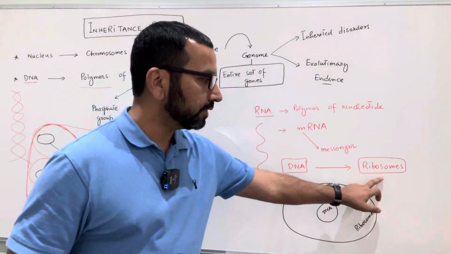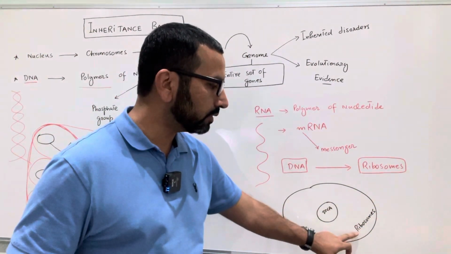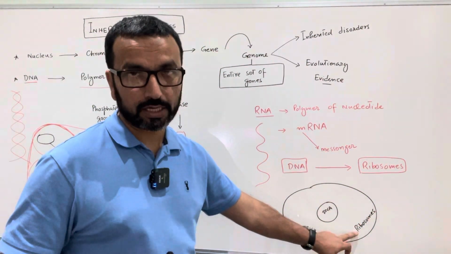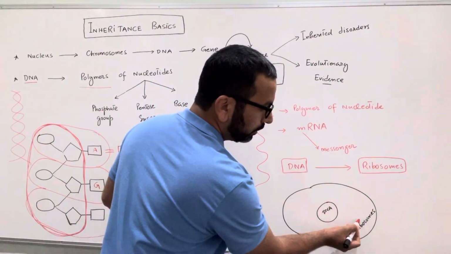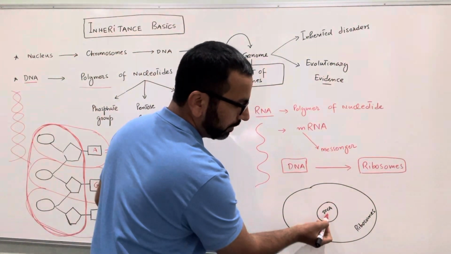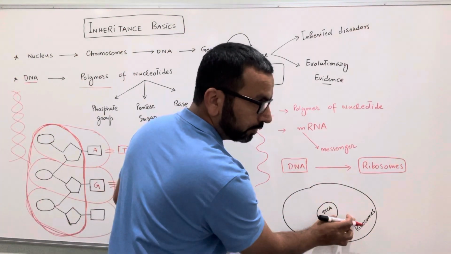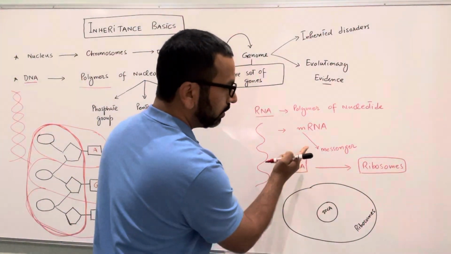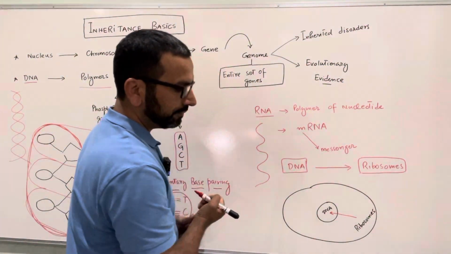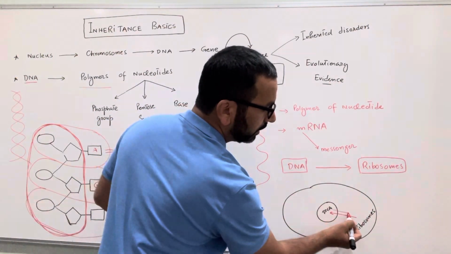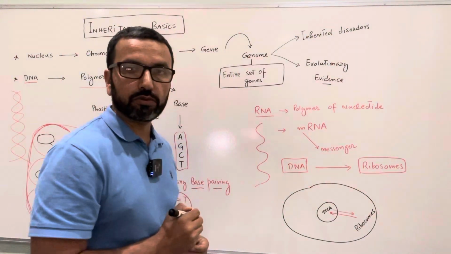But the ribosomes, where the protein synthesis process happens, are outside of the nucleus, inside the cytoplasm. So ribosomes will make proteins getting the genetic information from DNA, but because DNA cannot come to ribosomes, messenger RNA will come to DNA, carry the coded information, and carry this information from DNA to ribosomes.